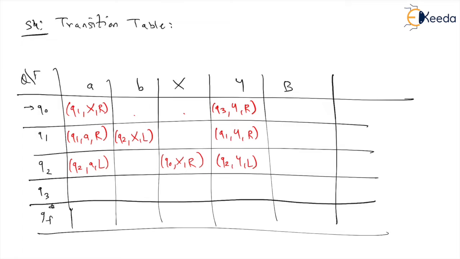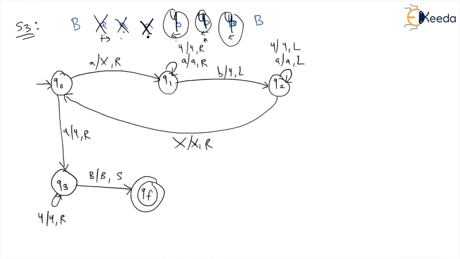Similarly, for Q3, we see that the input can either be capital Y or it can be a blank for the first time. So let's fill for capital Y first. Q3 on Y remains in Q3 by making Y as Y again and moving to the right.